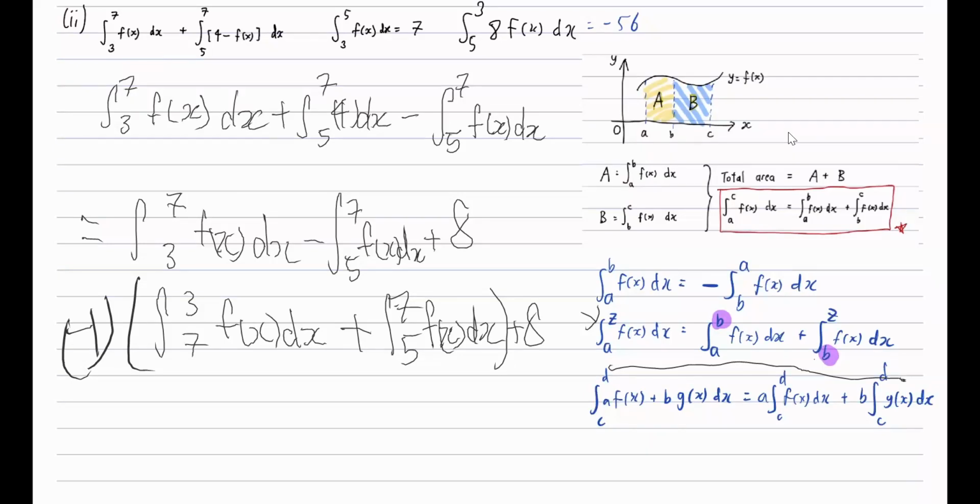Okay. Wait, let's write down what you have done so far. It equals -1 times the bracket of the integral from 7 to 3 of f of x dx plus the integral from 5 to 7 of the same integrand f of x dx, plus 8.